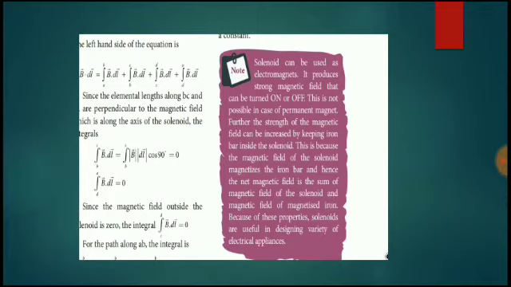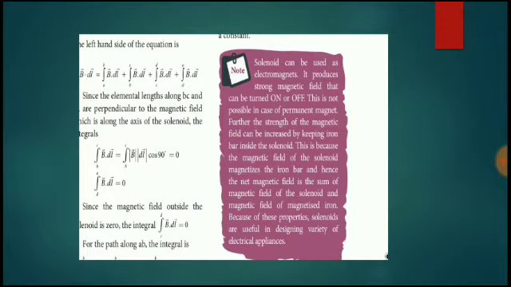From the solenoid, there is a small note. Uses of solenoid: solenoids can be used as electromagnets. It produces a strong magnetic field that can be turned on and off. This is not possible in the case of a permanent magnet.